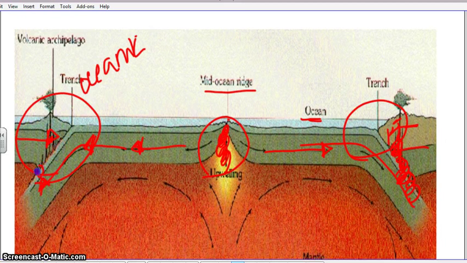Once again, it melts back into magma, and then it follows a path of least resistance. This one does take a while to form, because it takes millions and millions of years for all this lava to harden and build up on itself. But eventually, once it goes above that water line, voila, we have an island.